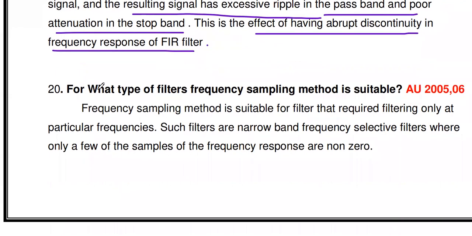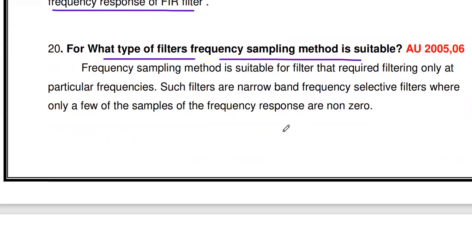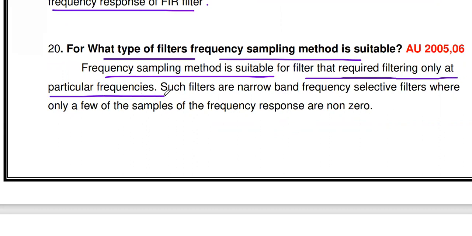Then the next one: for what type of filter is the frequency sampling method suitable? In order to design which type of filter is the frequency sampling method suitable? It is also a university question from 2005 and 6. The frequency sampling method is suitable for filters that require filtering only at particular frequencies. In order to filter one particular frequency, we may use this frequency sampling method. Which filter has a response like that?